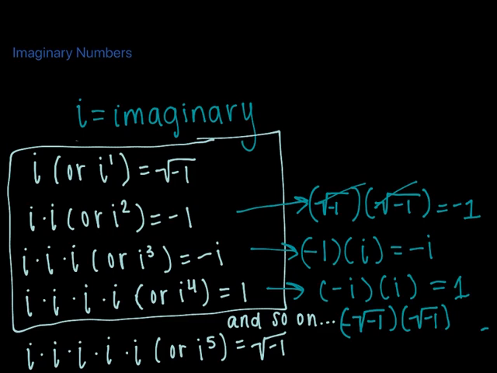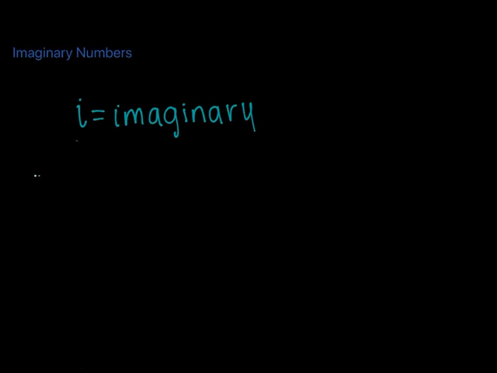And from here, the cycle just repeats itself. So for I to the 5th power, it would just be 1 times I, which would be the square root of -1 again. So yeah, it's really cool how it just cycles every 4 times.